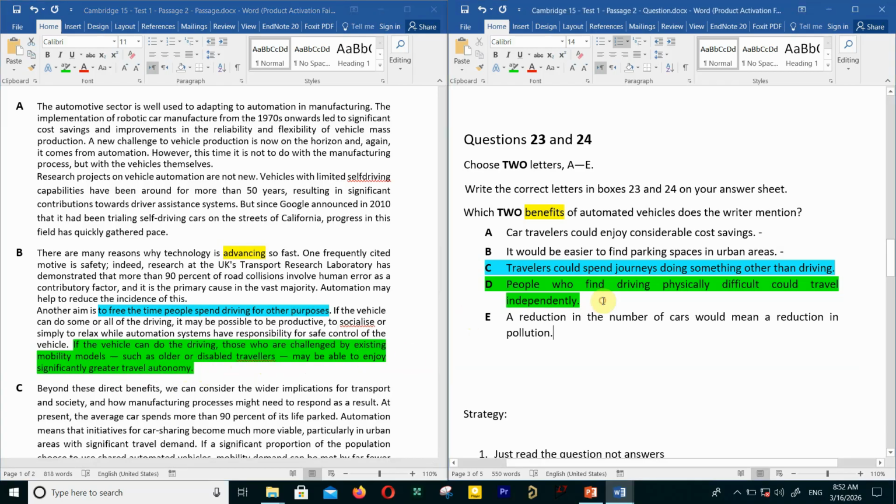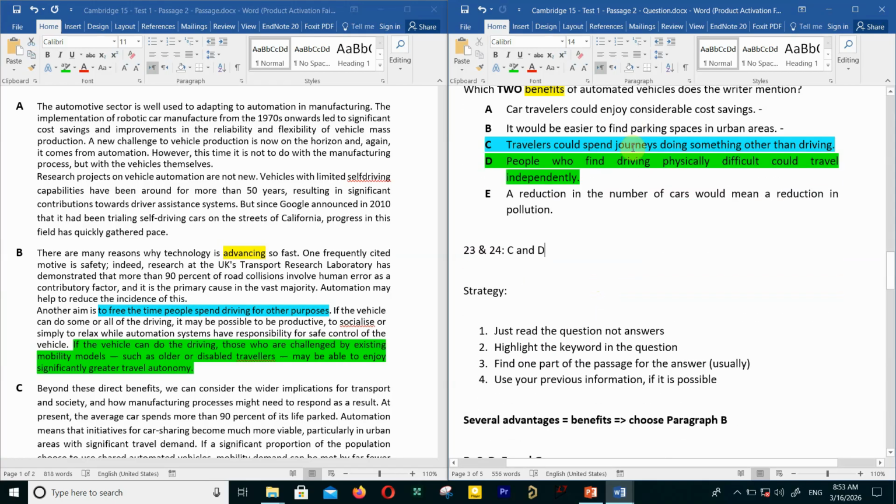So C and D are the options for 23 and 24 in either order. The order doesn't matter really in your answer sheet. You can write in front of, for example, 23 D and in front of 24 C or vice versa. Okay, so C and D are the options for this question type.